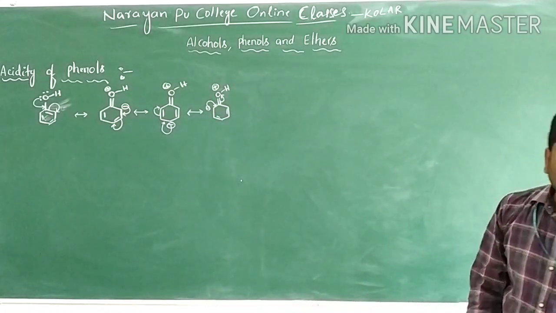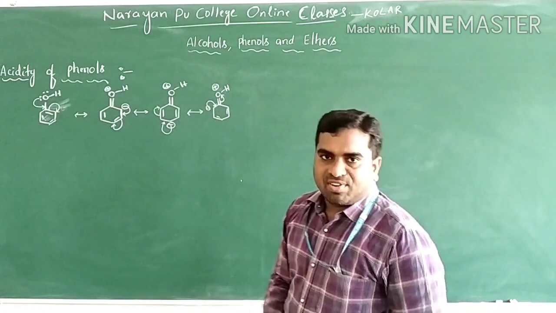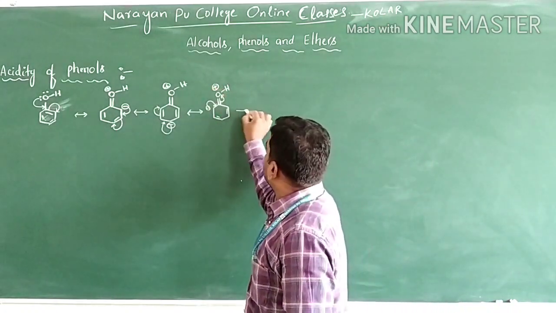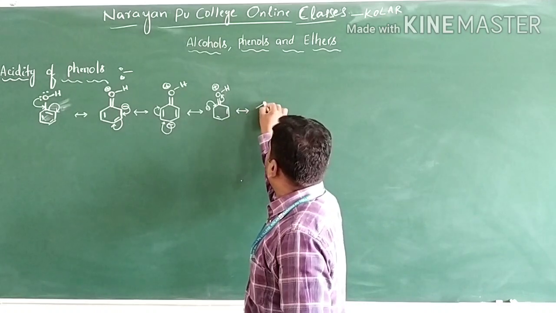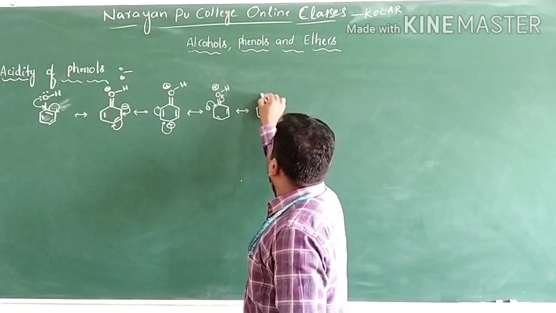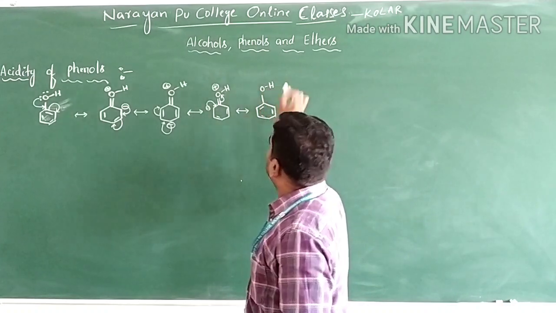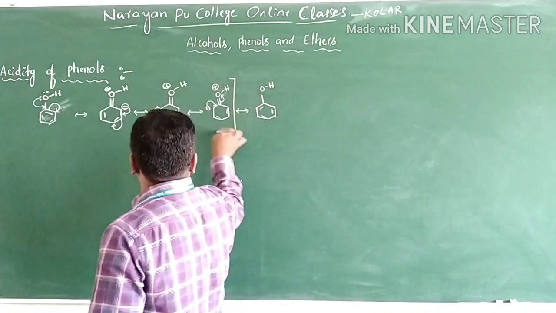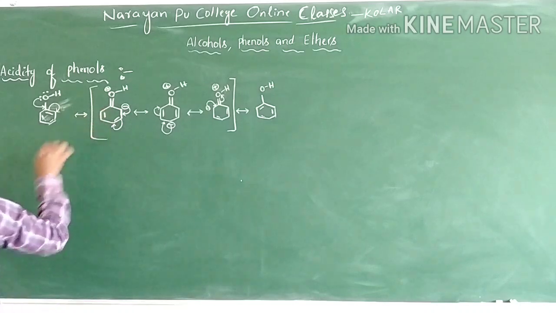Now oxygen gains electrons and acquires the negative charge. Oxygen already has a positive charge, so its charge is neutralized here. And you see, these are resonance structures.